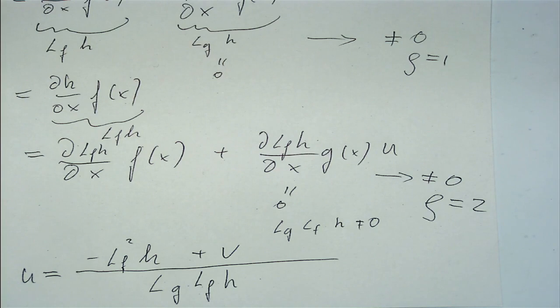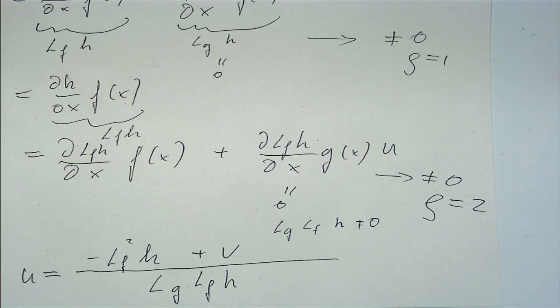Yes, exactly. So we want rho to be the number of states in the whole system. Because if not, then we saw there were these extra dynamics left.